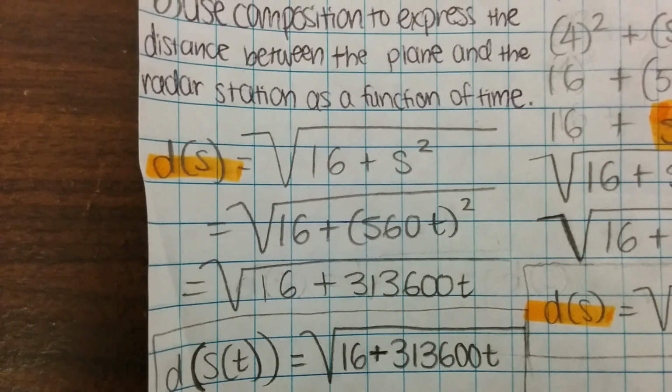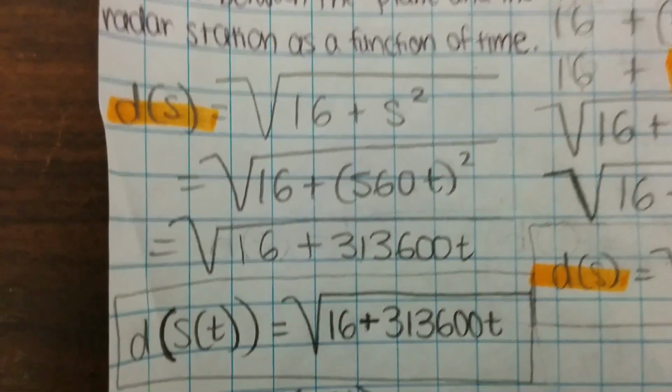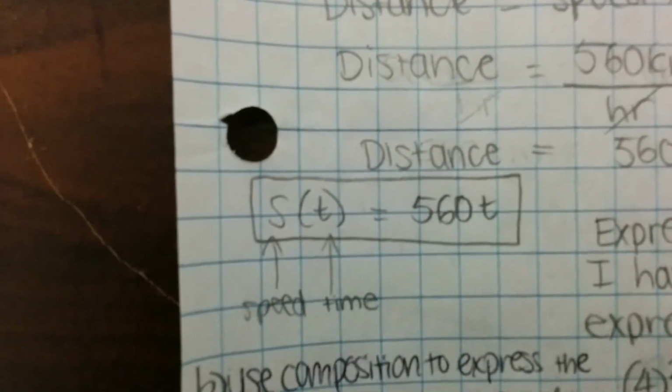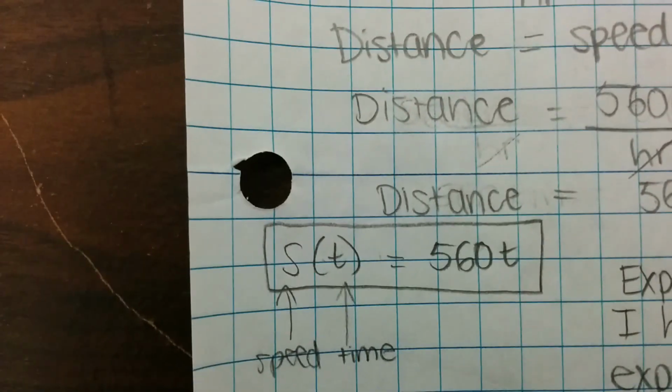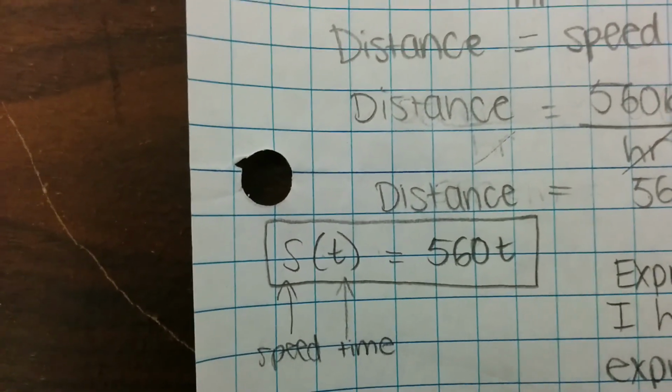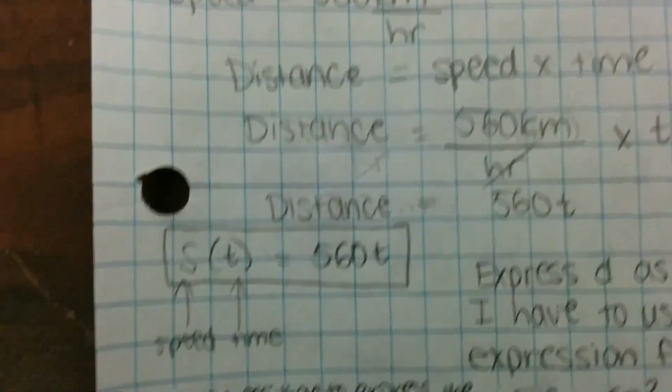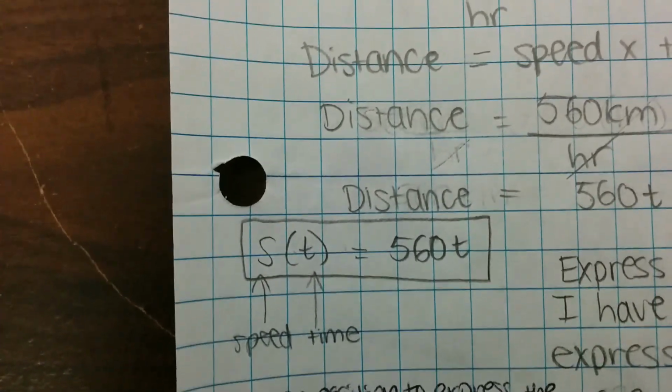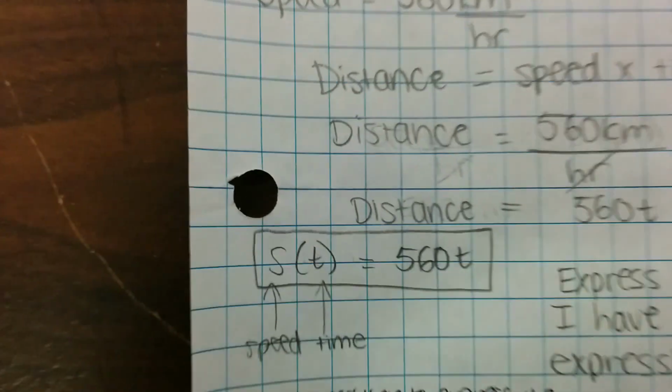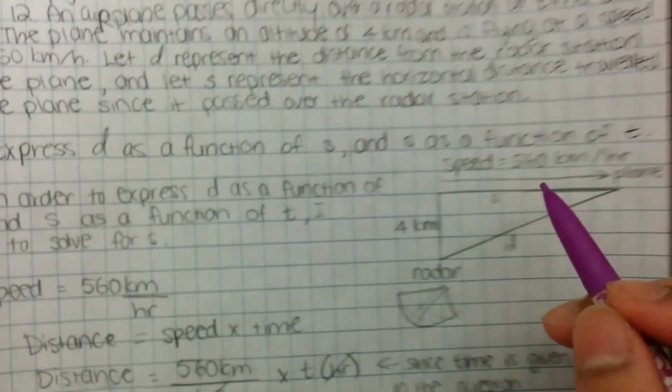Now that we have that expression, we can plug in 560t for s, which was the value that we found for this horizontal distance.